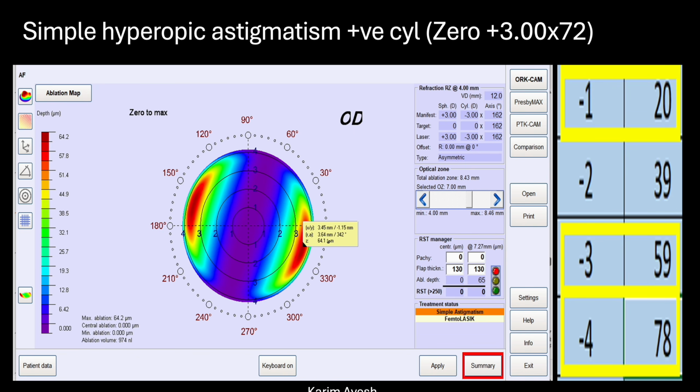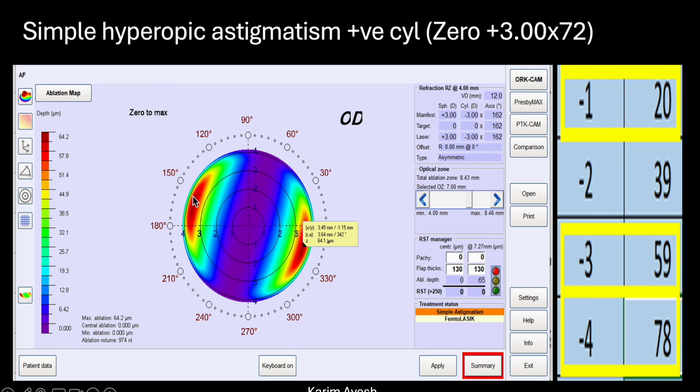So I concluded that according to this planning software the machine works this refraction as a plus cylinder. 0 sphere, so here is 0, here is 0, here is 0, here is 0, and the +3 works on the peripheral area on the flat meridian, around 60 here, around 60 here.